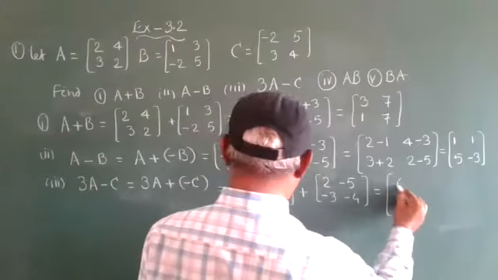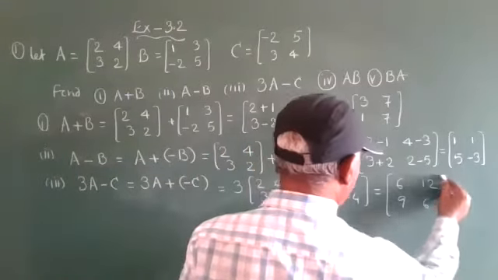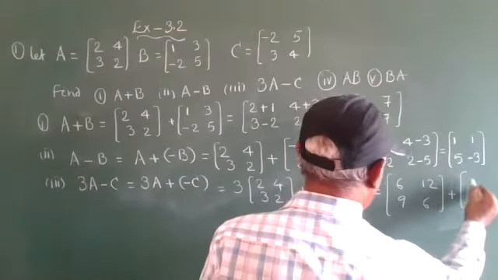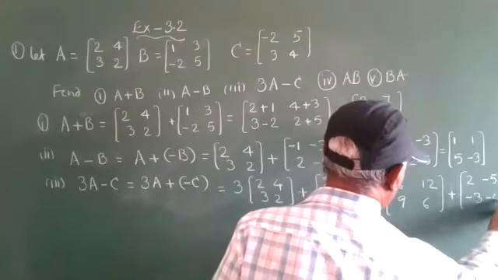So 3 into 2 is 6, 12, 9, and 6. Plus 2, minus 5, minus 3, minus 4.